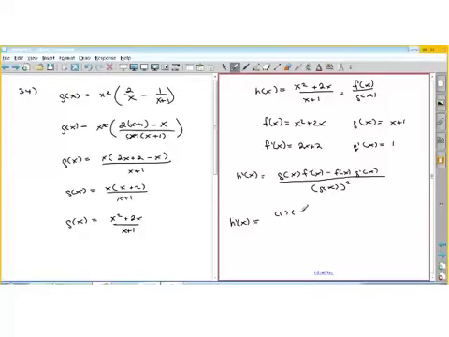So g prime of x is 1, sorry. G of x is x plus 1. F prime of x is 2x plus 2. And then we subtract f of x, which is x squared minus 2x, multiplied by g prime of x, which is 1. And we divide by g of x squared.